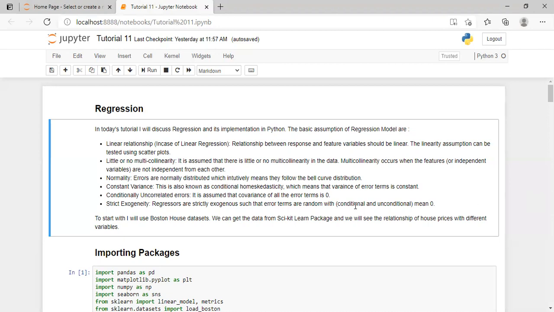The second assumption for regression is that there should be little or no multicollinearity.